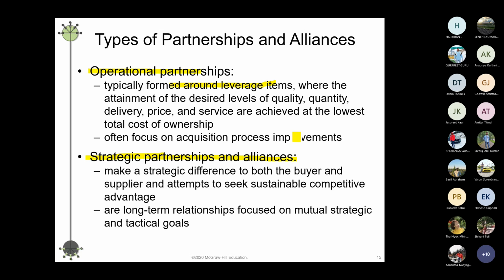For example, we can end up having a mutual agreement on using a website or e-commerce method, or making sure that we are buying the items at the right price. A strategic partnership is much higher than that. You're trying to consider the company as a part of yours. Okay, so you will do so many things for the benefit of your long-term relationship.